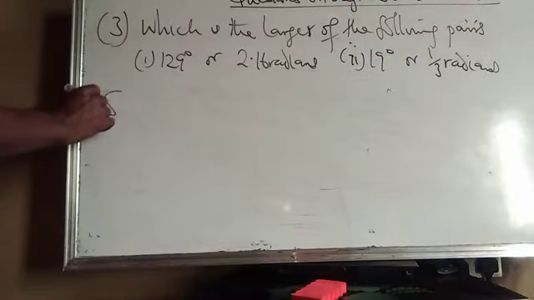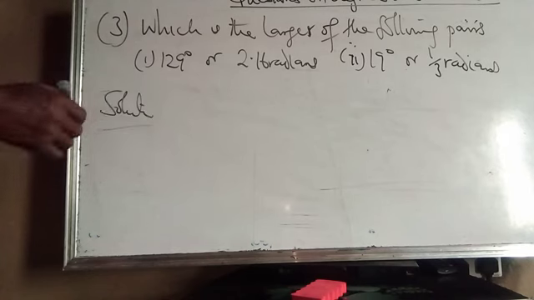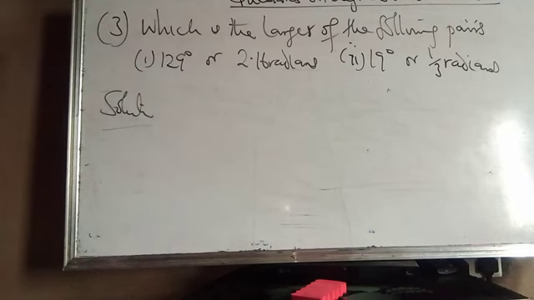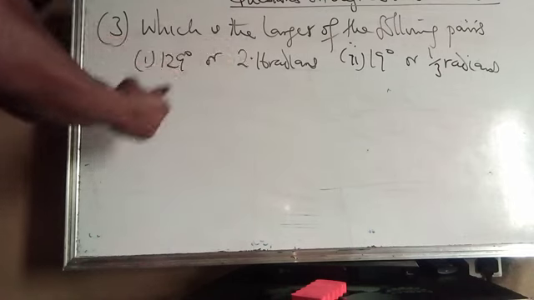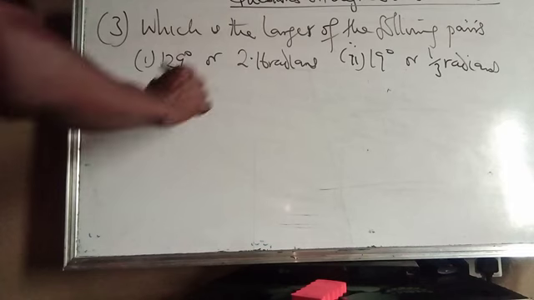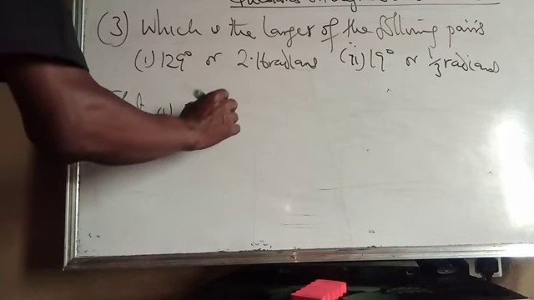Now to check, let's just convert both to degrees. You can also convert both to radians, whichever one, but it will be easier here to convert to degrees. So we have 2.16 radians.